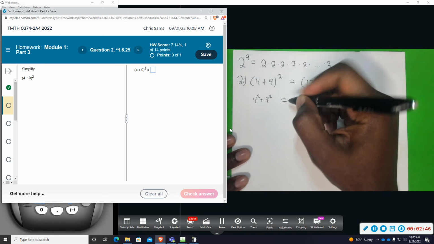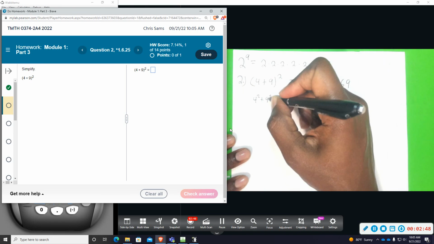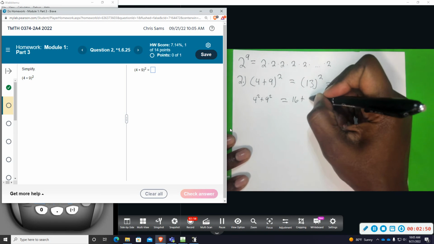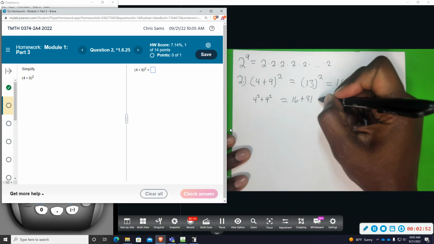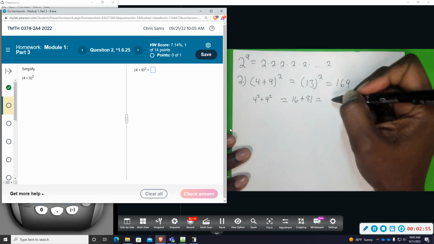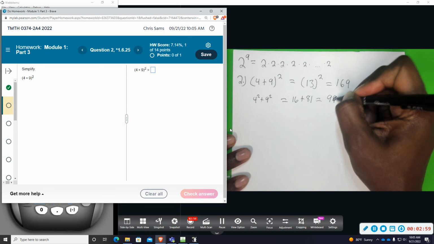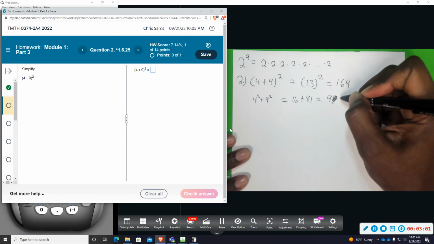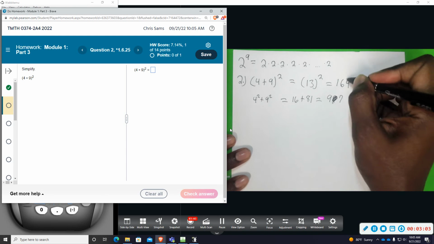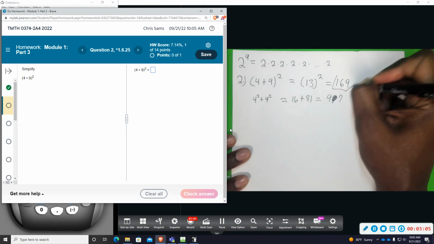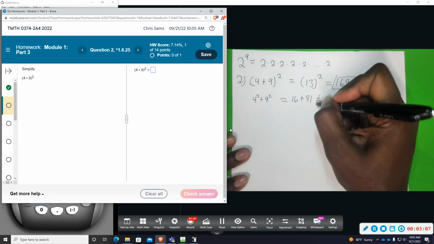If you do 4 squared, you get 16. If you do 9 squared, you get 81. And if you add 16 and 81, you get 97. I don't know why I wrote 99. 97. And you can see that these are not the same. This is not correct.